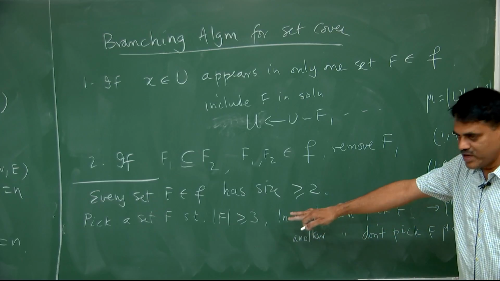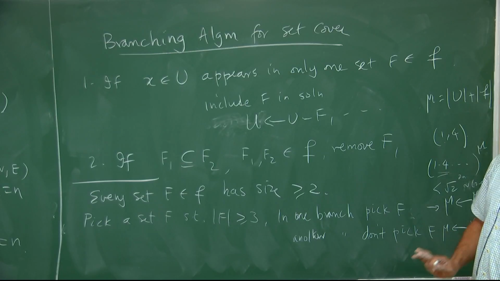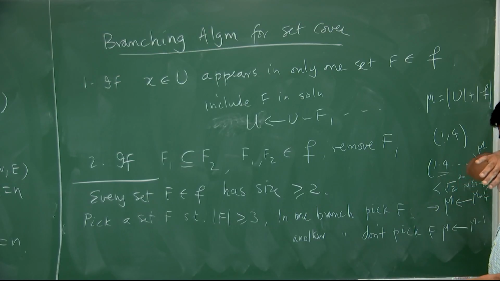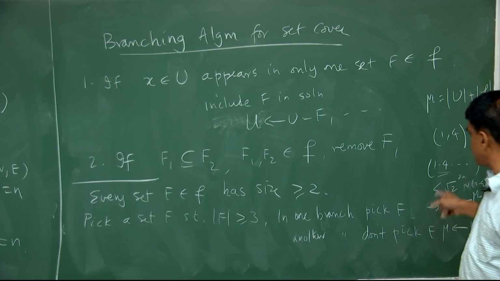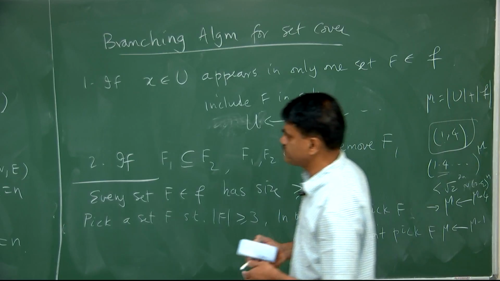The only thing which I assumed is that the size of F is at least 3. Suppose there is no such F, then every set has size exactly 2, right? Now you can solve set cover in polynomial time in such an instance. Otherwise, let's do some branching and get something better. My aim is to get this kind of a branching.